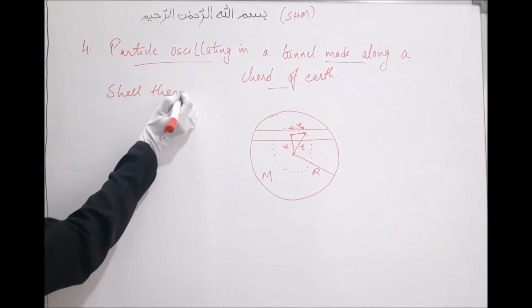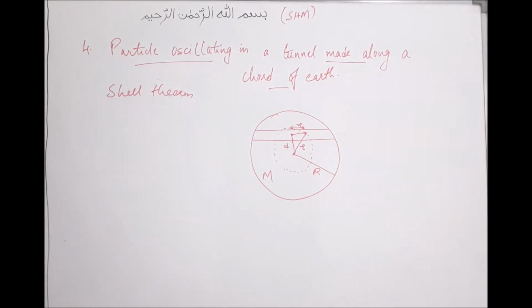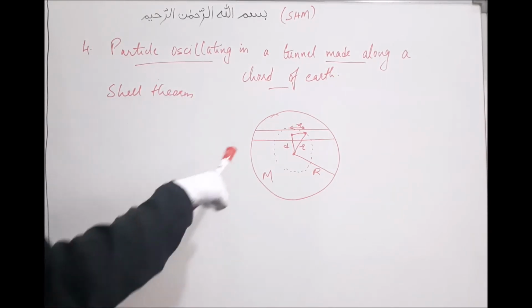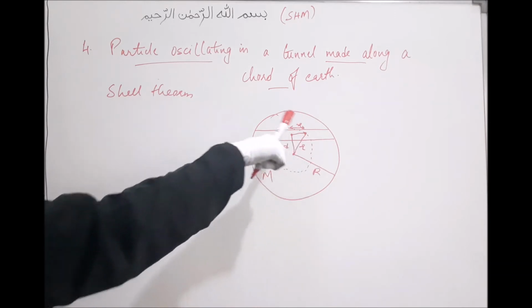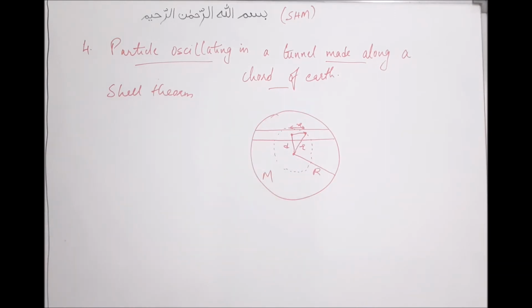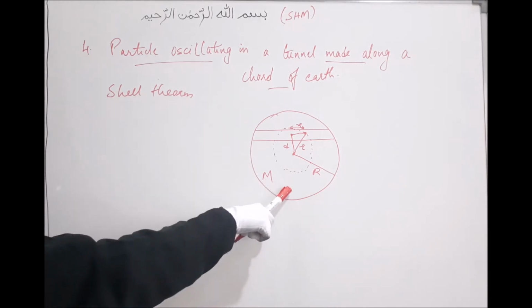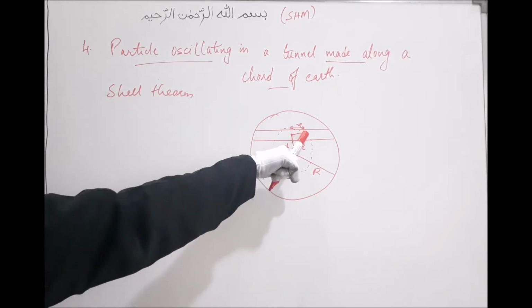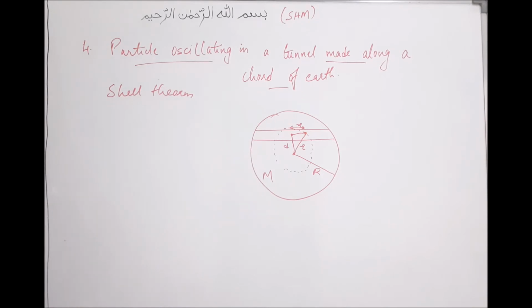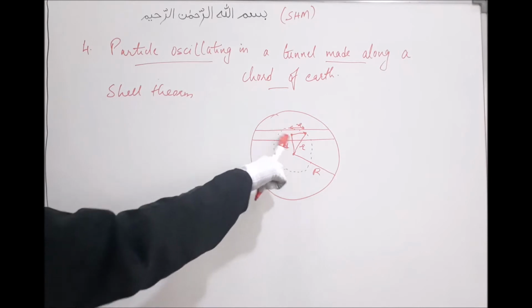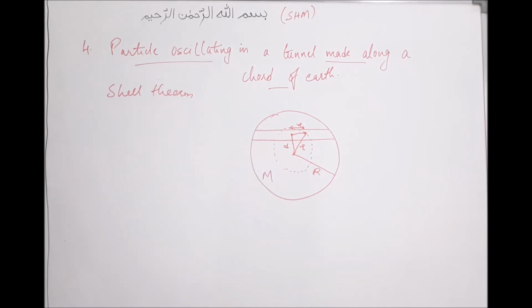According to the shell theorem, the force on an object inside a uniform spherically symmetric shell is 0. So this particle is not going to experience any force due to the shell, but it will experience force because of the core.